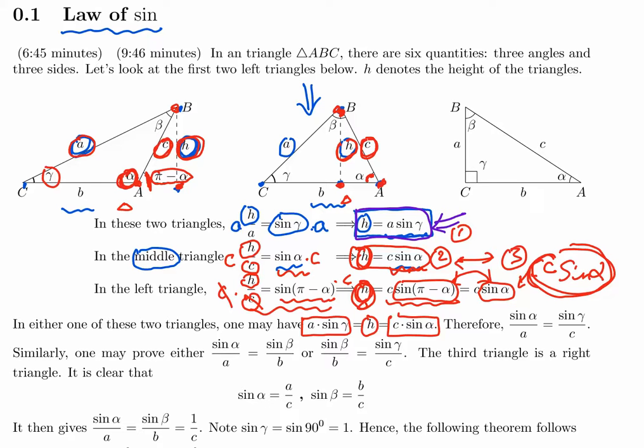So if I write it here, that will be A sine gamma and then C sine alpha. Then what I need to do is divide both sides by AC.